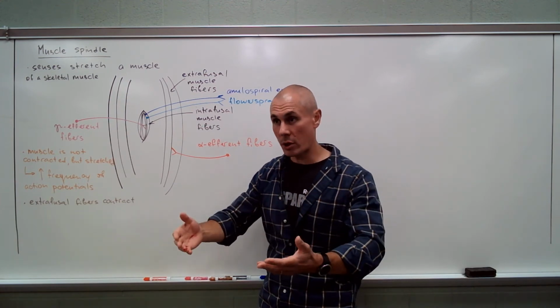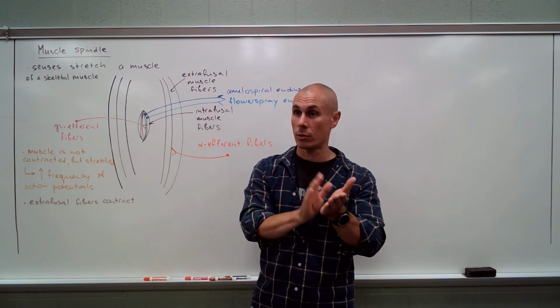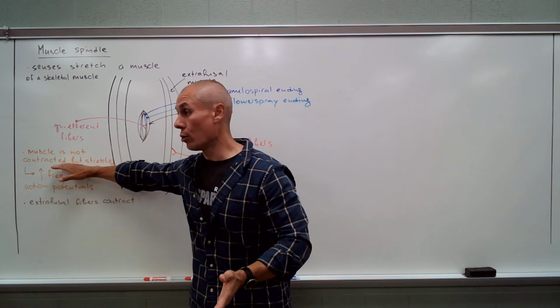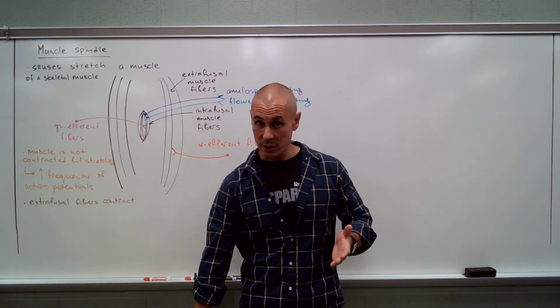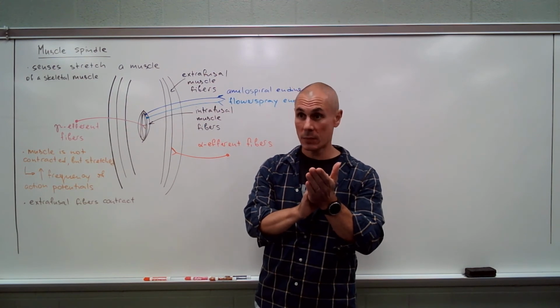It will also shorten. If it will shorten, look what would happen to the intrafusal fibers. They will become loose. You see that? If they would become loose, they would lose the ability to send the baseline action potentials at the baseline frequency. So basically what I'm trying to tell you, this is your baseline frequency of action potentials. If your muscle is not contracted but stretched, frequency increases. Okay?